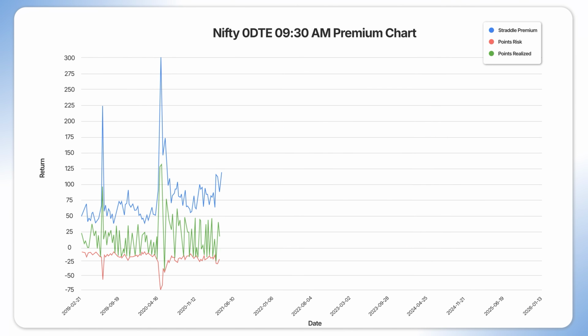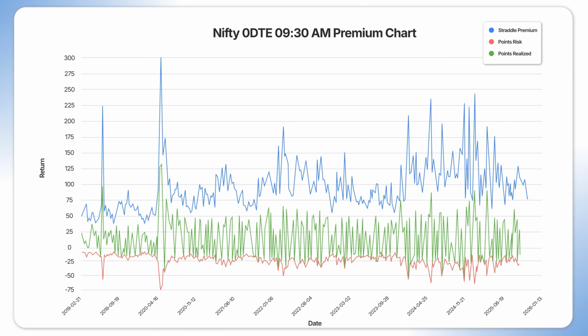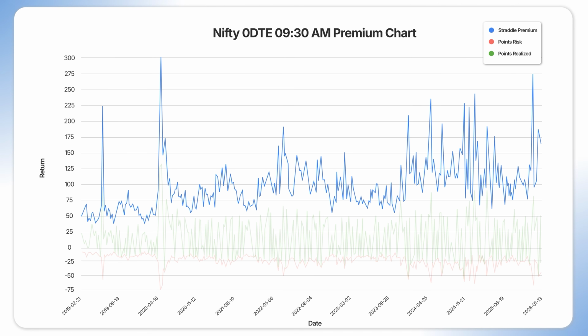What you see here is a lot of lines. I'll explain what they are. At the top, you see a blue colored line curve, which is essentially the straddle premium on each expiry day. It varies across different weeks, because depending on how much volatility is to be factored in, the premium is going to be proportionately high or low.